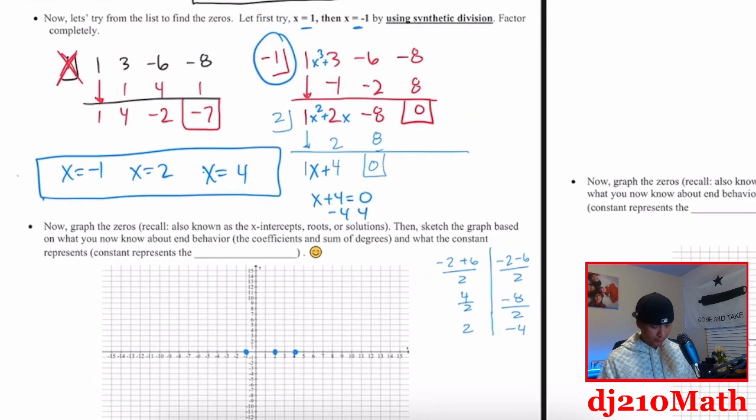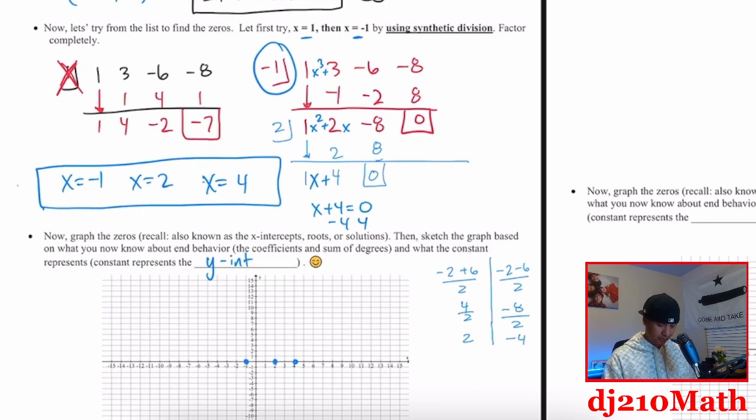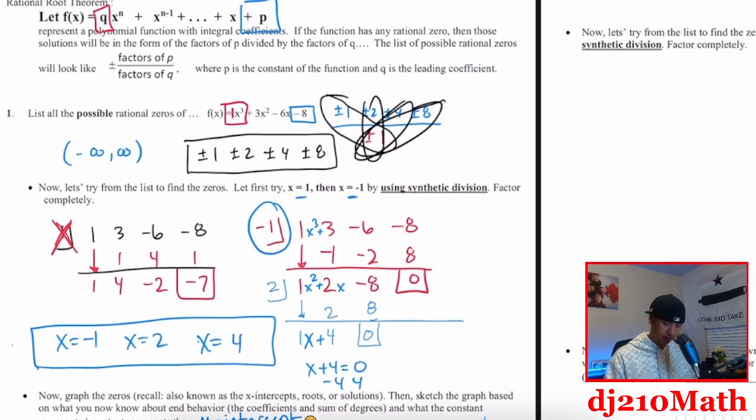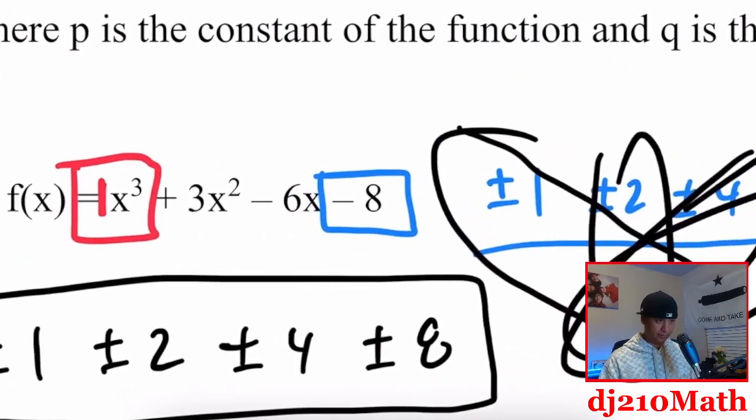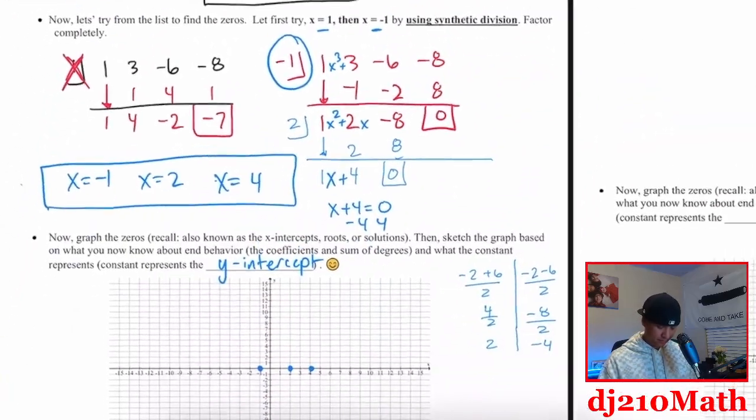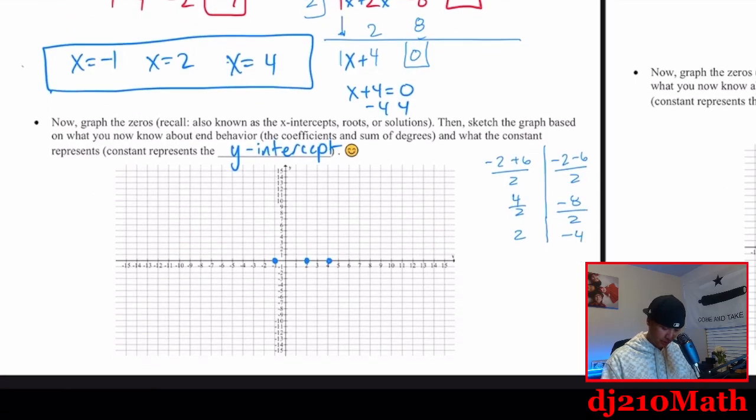All right, something else that we can identify is the x-intercept, or I'm sorry, the y-intercept. The y-intercept, that's the constant at the end, right? The constant here was negative 8. So negative 8 is the y-intercept.